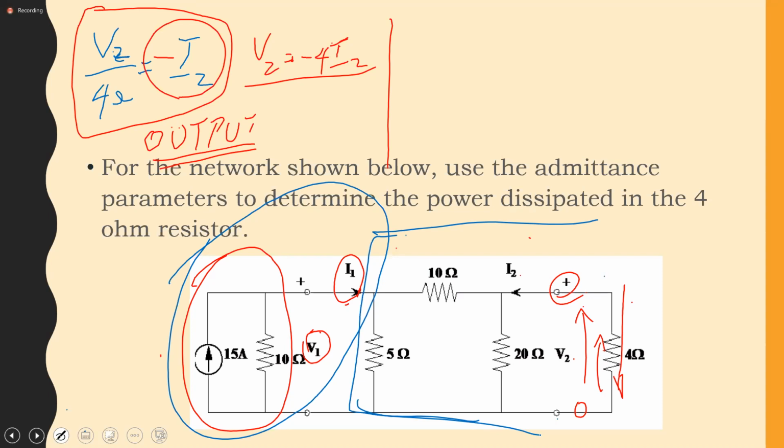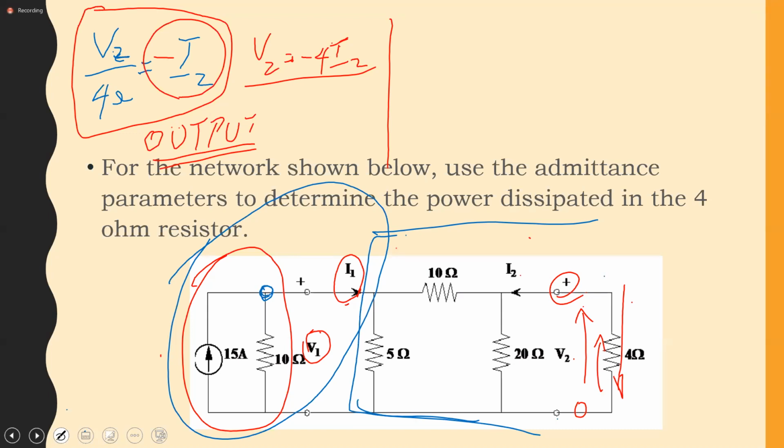What I asked for was what principle you're going to apply. Current divider? No, not divider. Kirchhoff's current law. And where are you going to apply that current law? At the node of the 15 amp source and the 10 ohm. Excellent.